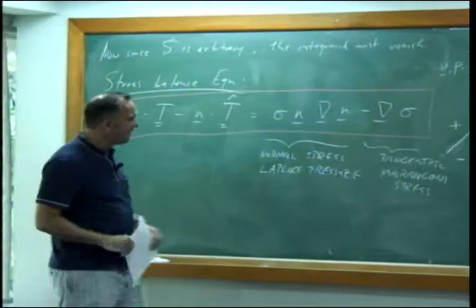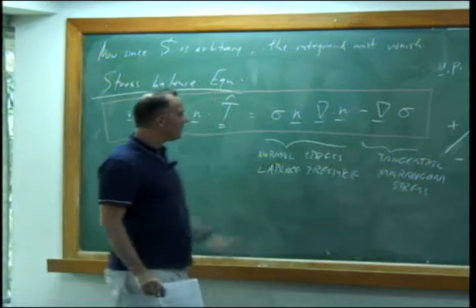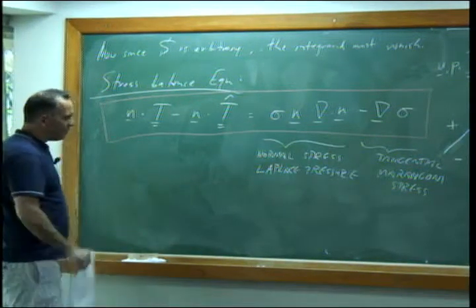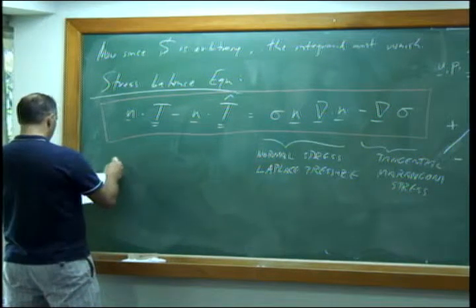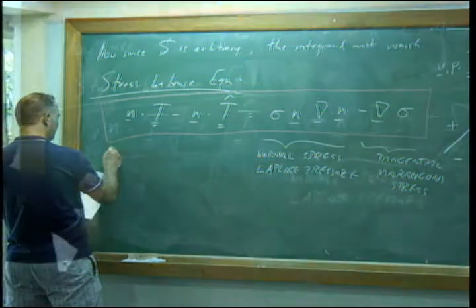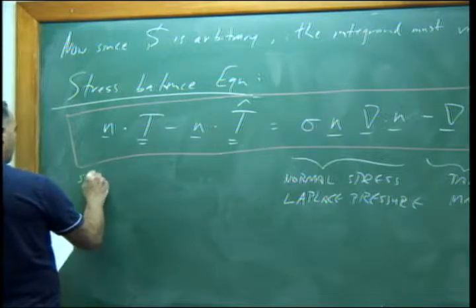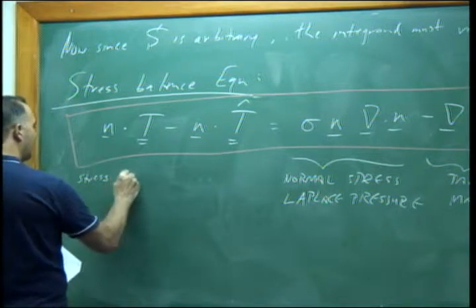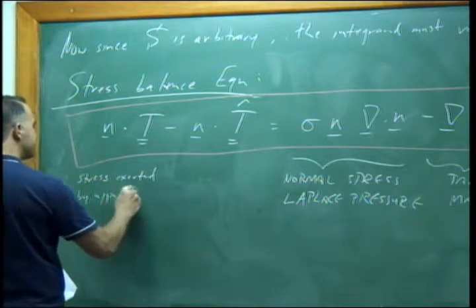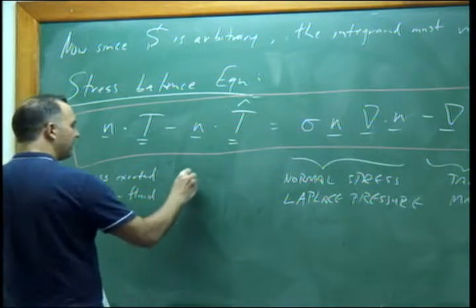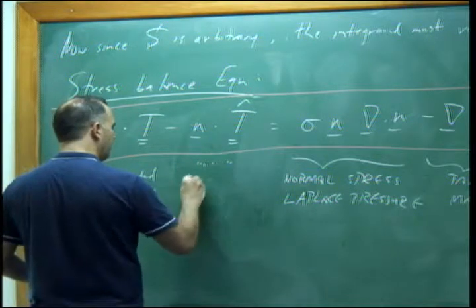But in any case, we have these two components of the stress jump across an interface. This is the stress by the upper fluid, and this is that associated with the lower fluid.